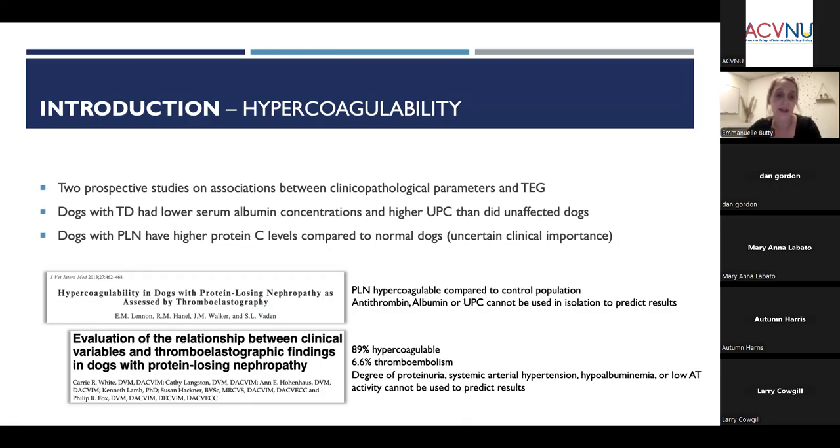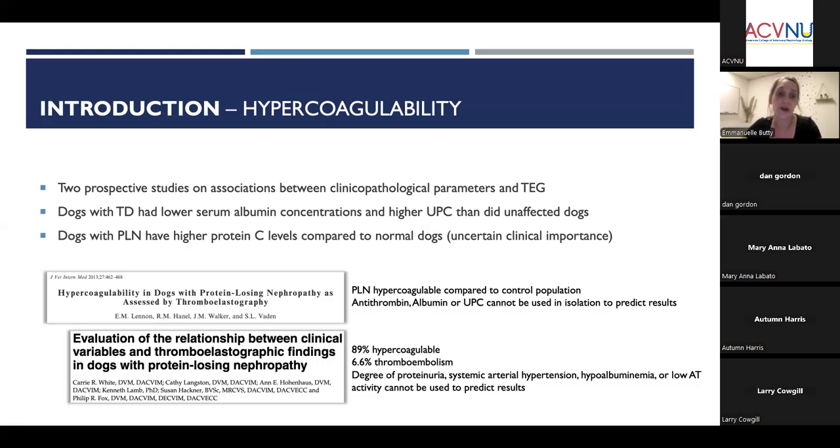And the second TEG paper was describing the findings in dogs with PLN, and 89% were hypercoagulable. Only 6% in this study had evidence of thromboembolism. And they also found that the degree of proteinuria, systemic arterial hypertension, hypoalbuminemia, or low antithrombin activity could not really be used to predict these results.